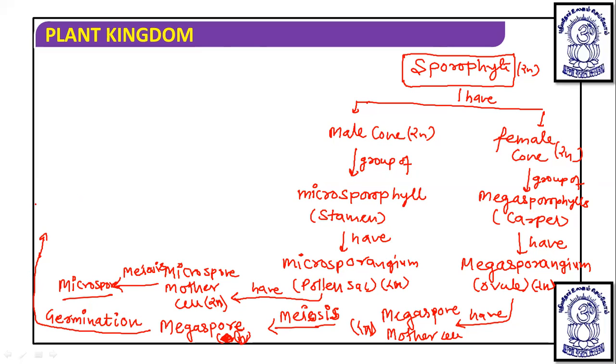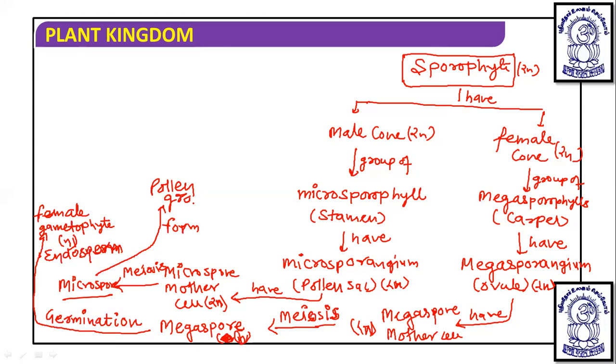So the megaspore on germination forms the female gametophyte, and the female gametophyte is haploid and represents the endosperm. Whereas the microspore on germination produces the pollen grain, and that pollen grain is nothing but the male gametophyte.